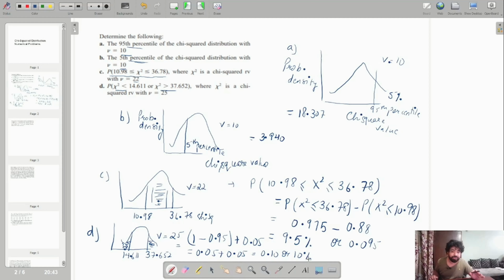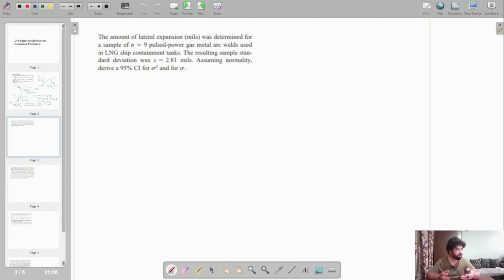And let's move to the next problem for chi-square distribution. So the next problem talks about the amount of lateral expansion, and it has given us the value of n as well as a sample standard deviation, and it's assuming normality and asking us to derive a confidence interval for population variance and standard deviation.